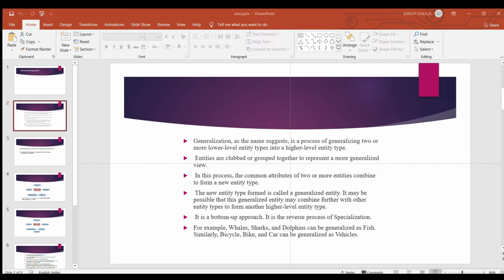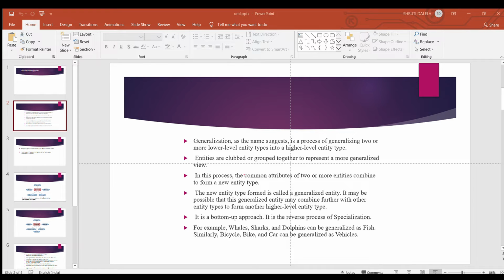Consider an example. Suppose we have two entity types. One is employee and the other one is customer. The attributes of employee are name, phone, salary, employee ID and address.